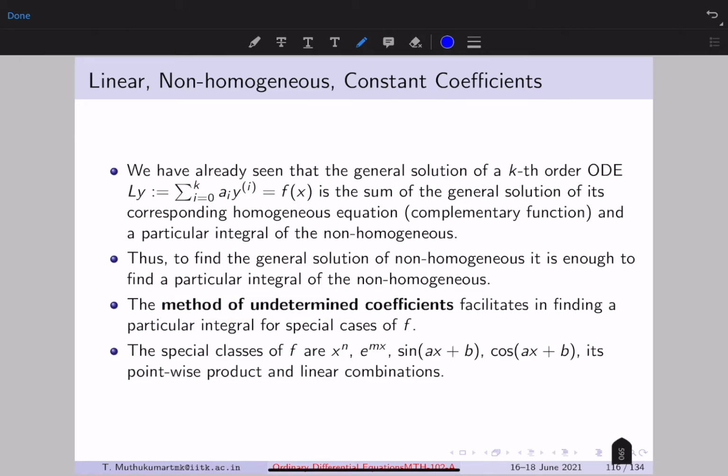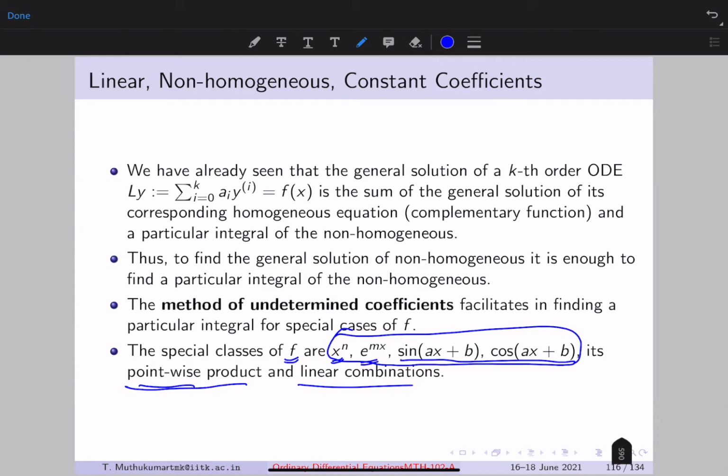The forms of f that we will see we can solve are polynomials, then exponential functions, and then trigonometric polynomials. These are the three types, and any pointwise product or linear combination of these types can be done, because you are working with a linearity structure, right? We are going to look at examples, then you will understand better.